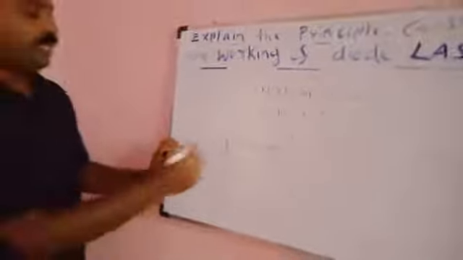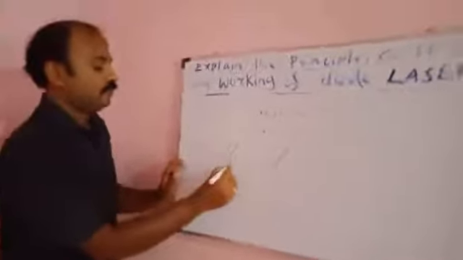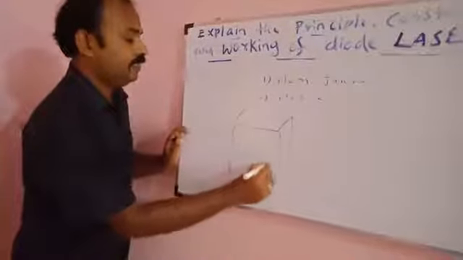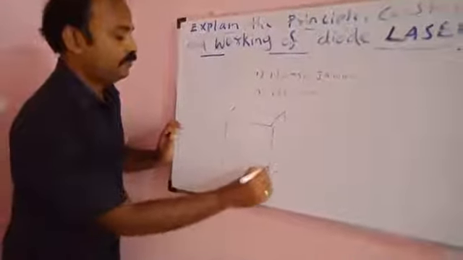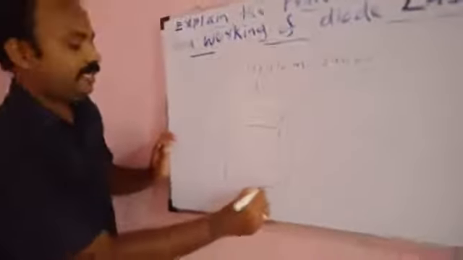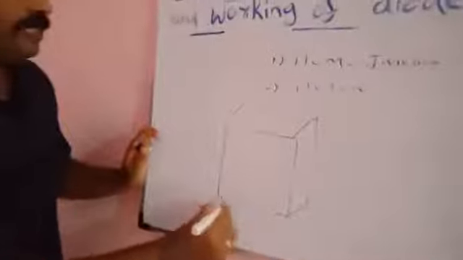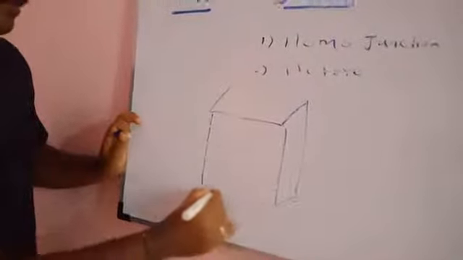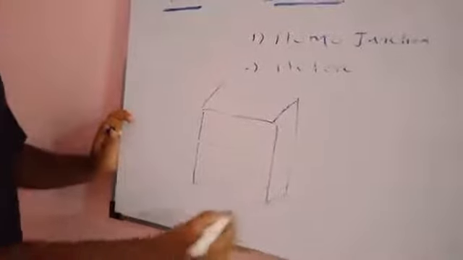This is one, and second, third, fourth, and fifth. Here it is a metal contact. Actually, five layers are there.